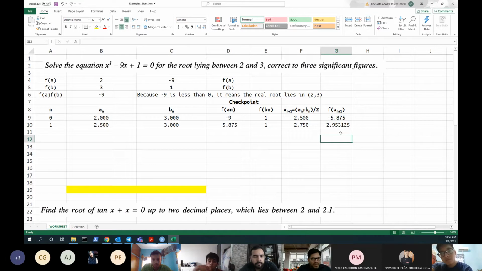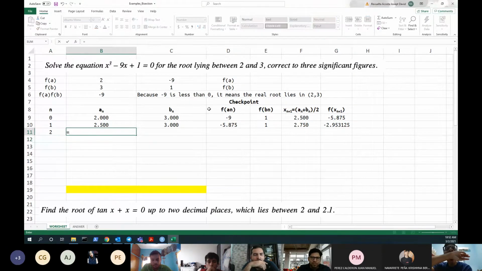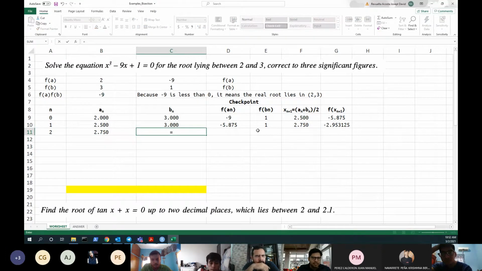We see that this one actually is approaching a very low number, or is approaching 0. So now what next? Okay, so this is my second iteration. And I'm going to make this equal to 2.75, and I'm going to keep this one constant.